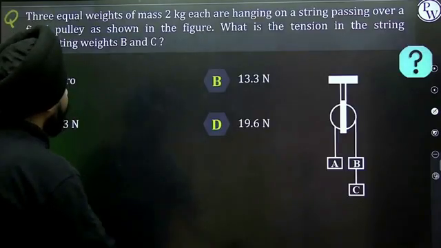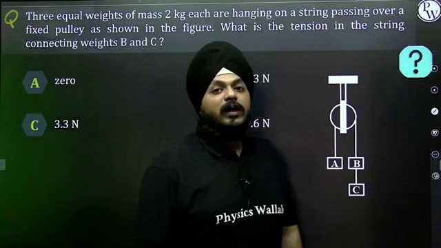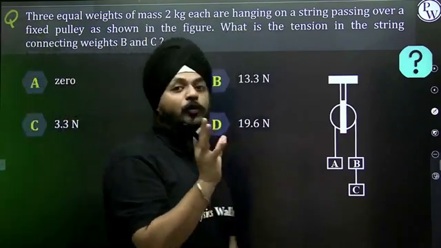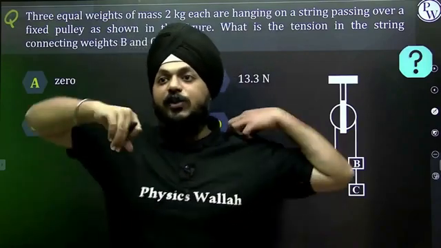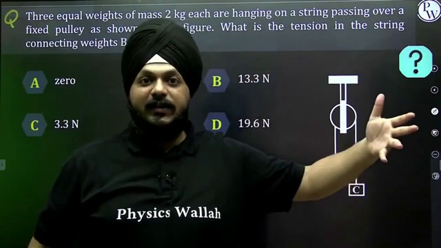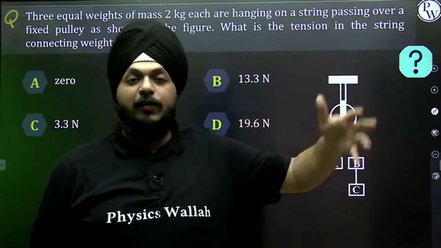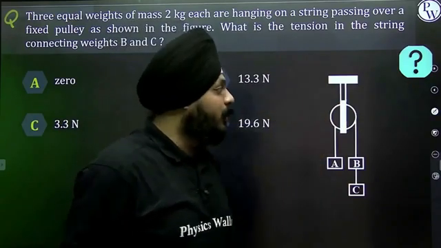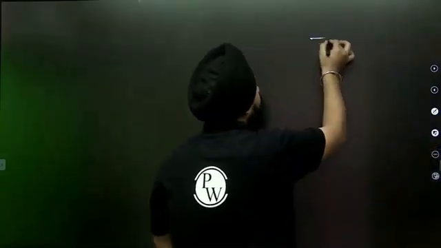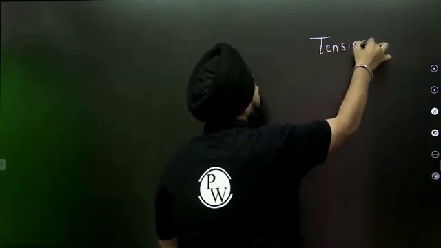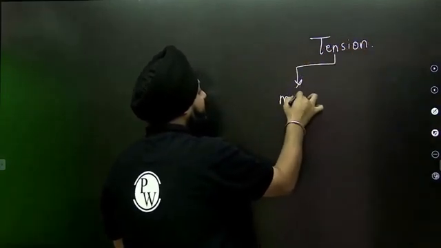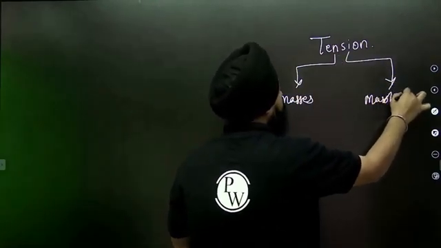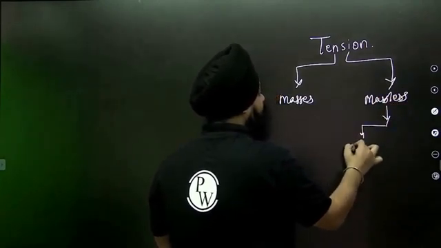Second sum. Let's move on to this kind of concept and calculate the tension. First of all, we are going to move on with the fixed pulleys. See how tension works: massless strings, and fixed pulleys, which are massless.